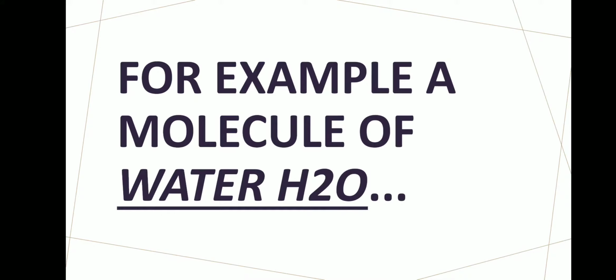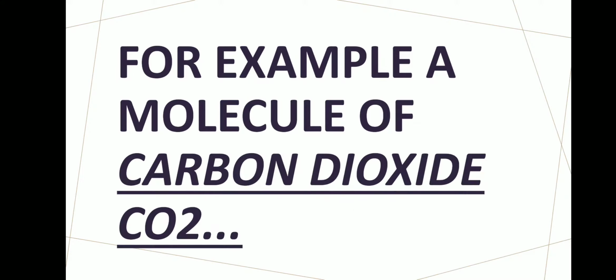For example, a molecule of water is formed by joining two atoms of hydrogen and one atom of oxygen and is represented as H2O. A molecule of carbon dioxide is formed by joining one atom of carbon and two atoms of oxygen and is represented as CO2.